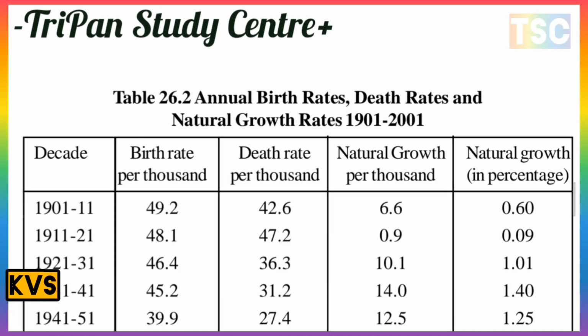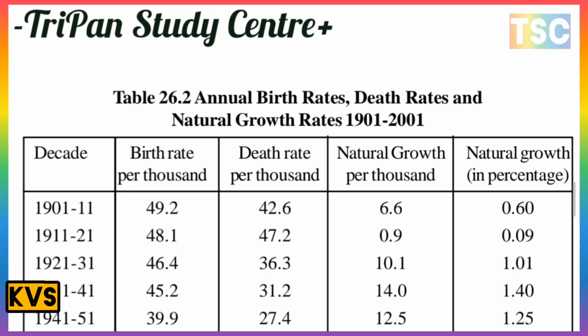Next, the annual birth rate, death rate and natural growth rate from 1901 to 2001. The table gives the time period, birth rate per thousand, death rate per thousand, natural growth per thousand and natural growth in percentage. You can see that in 1901 to 11 and 1911 to 21, the birth rate and death rate are almost equal, so the natural growth rate per thousand is only 0.9 and natural growth in percentage is 0.09.